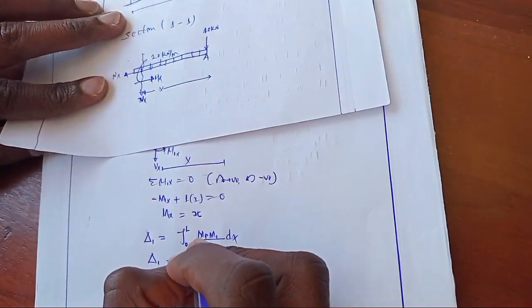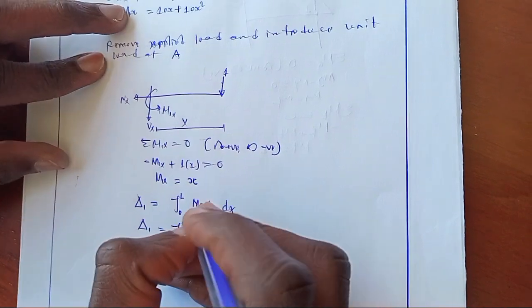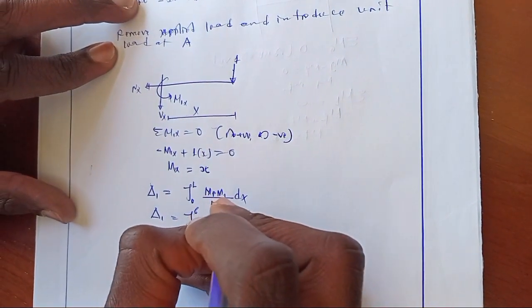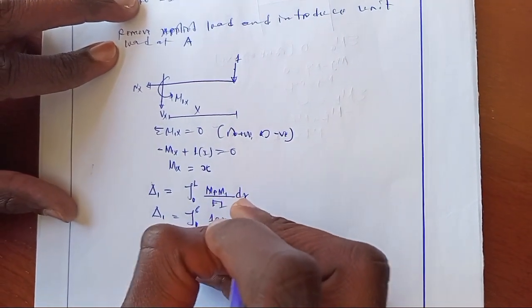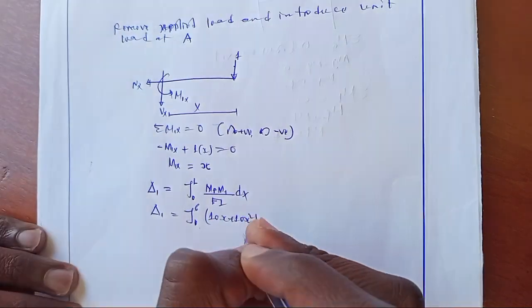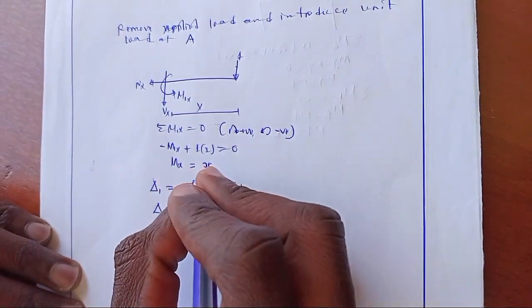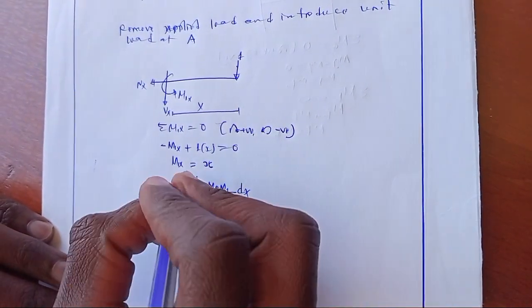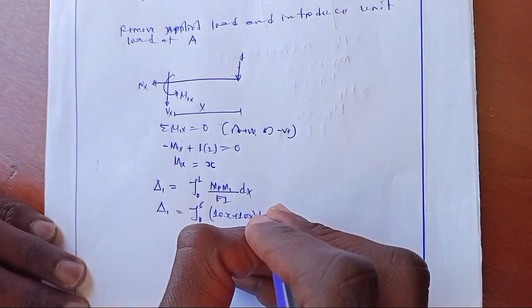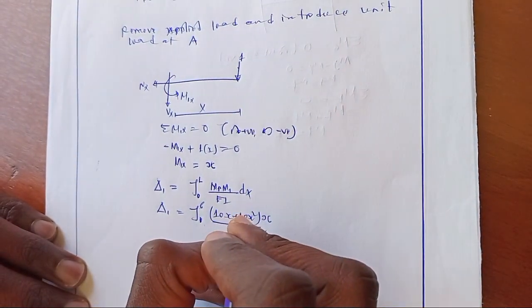From 0 to 6. Moment due to applied load is 10x plus 10x square, times moment due to unit load, which is x, over EI.